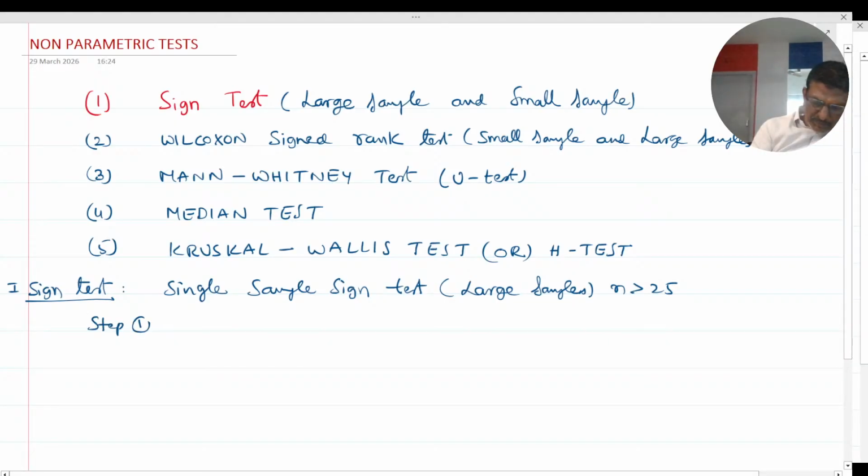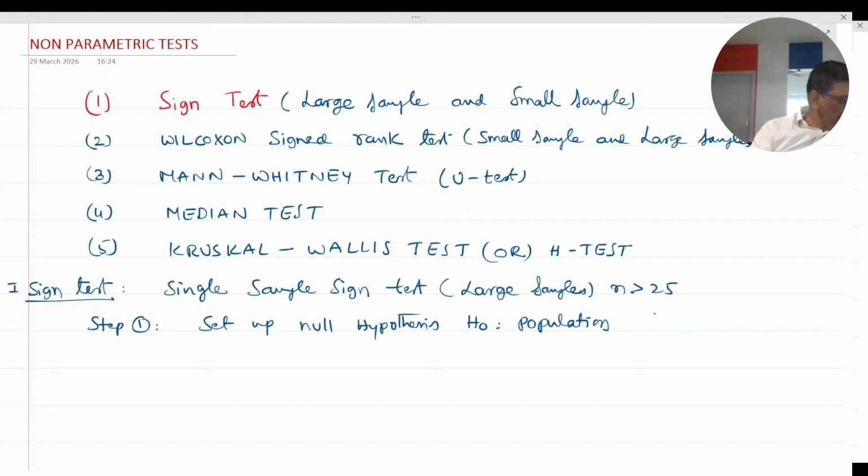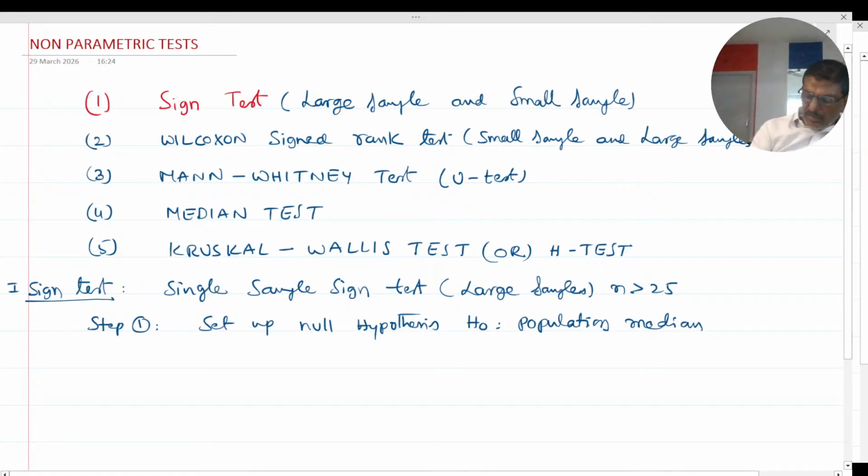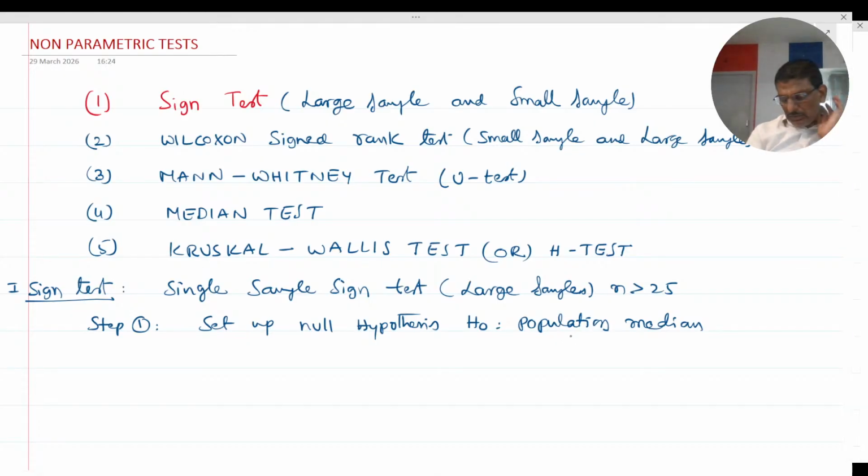Step 1, set up the null hypothesis H naught: population median. Here also, based on the median, we have to use this sign test. The median Md is equal to Md naught, some specified value.